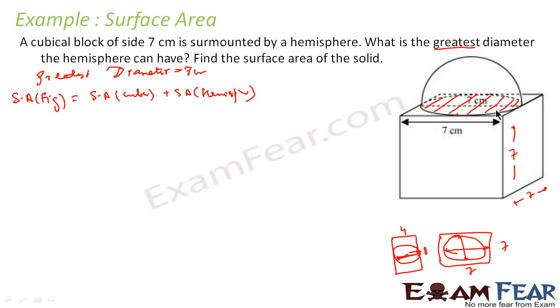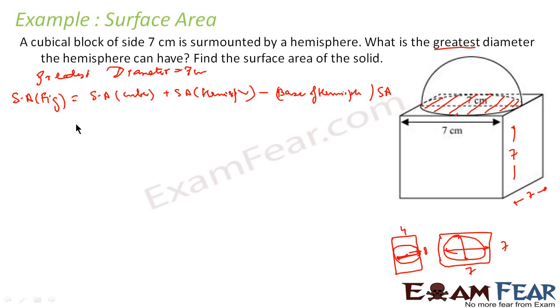But if you see, the red part also comes in the surface area of the cube, and that is something which is internal, which is not viewed. So we have to subtract this. So this is wrong actually. So in this we subtract the base of the hemisphere, the surface area of the base of the hemisphere. Correct?